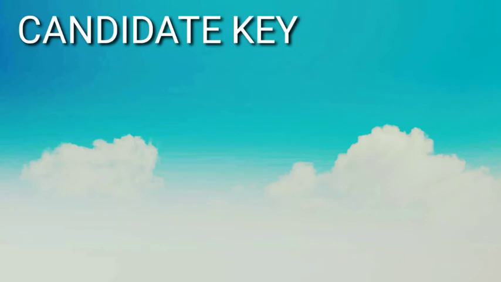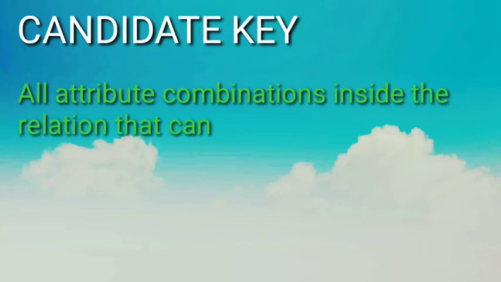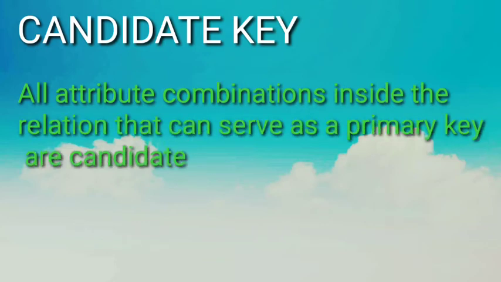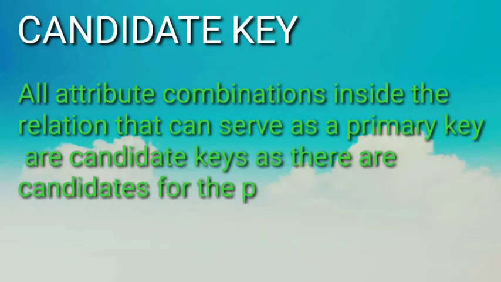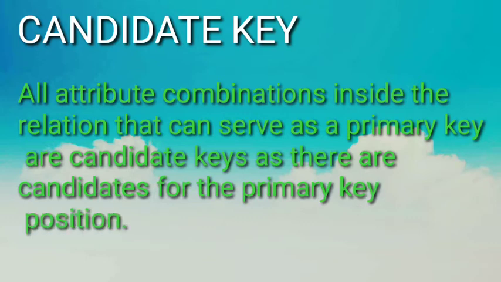The second type of key are the candidate keys. These are the keys where all the attribute combinations inside the relation or table that can serve as a primary key are candidate keys, as they are the candidates for the primary key position. You can understand it like this: suppose there is a table of student where student ID and the student PAN card information is given.